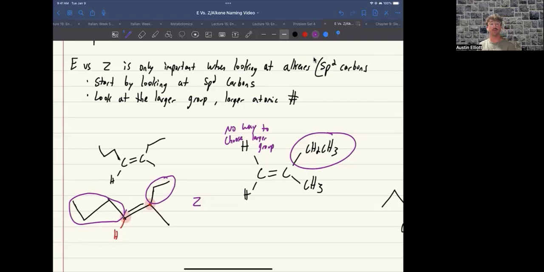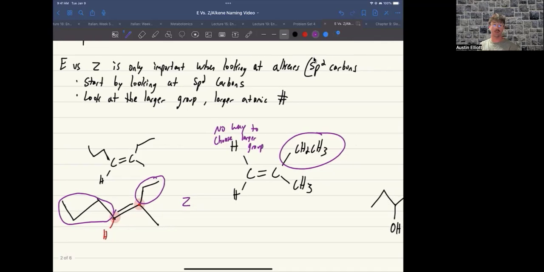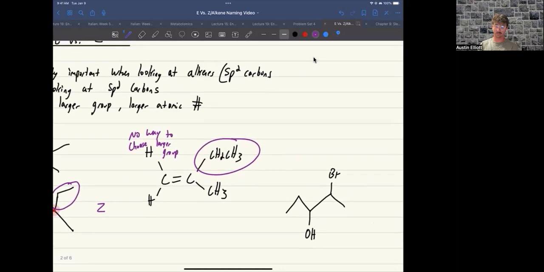When groups are the same on one of the sides, there will be no E or Z, even if there's a double bond and the other side has a difference in the groups. So always be looking out for that. You need to make sure that the groups are different on both sides.